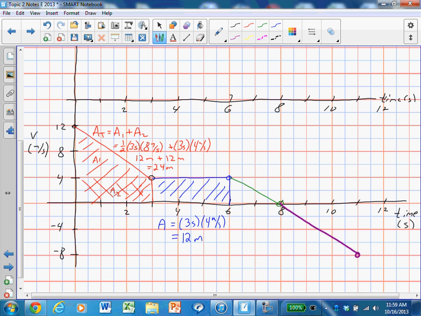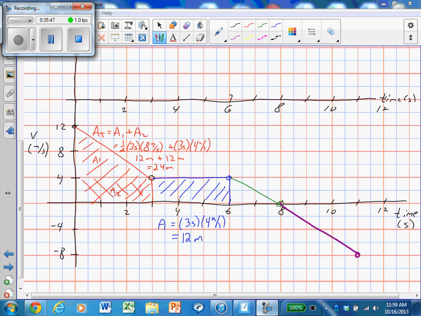The green zone would be a triangle, 1/2 base times height, 1/2 the base, which is 2 seconds, times a height of 4 meters per second, which would just give us 4 meters.